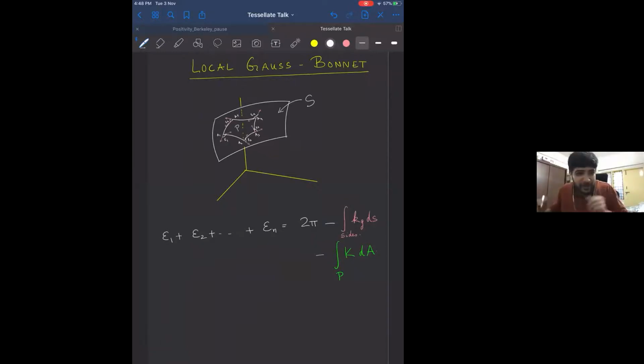And so now let me again remind you of the local Gauss-Bonnet. It says that the sum total of the external angles is 2 pi minus these two correction terms. The first one involves the geodesic curvature. So remember, the geodesic curvature will be 0 if your polygon consists of straight lines, right? So straight lines on the surface.